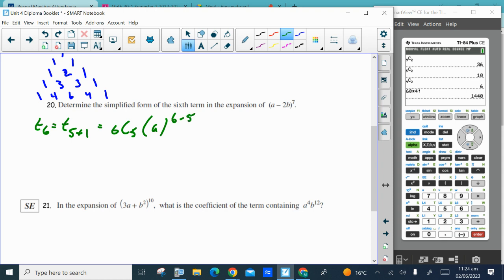Whoops, I'm sorry, n is 7, not 6. Let me fix that. n is 7. So it'll be 7C5 a to the 7 minus 5, and then negative 2b to the power 5.